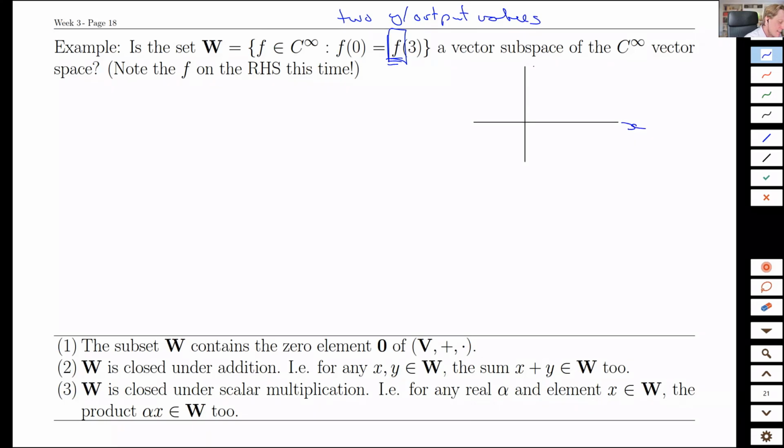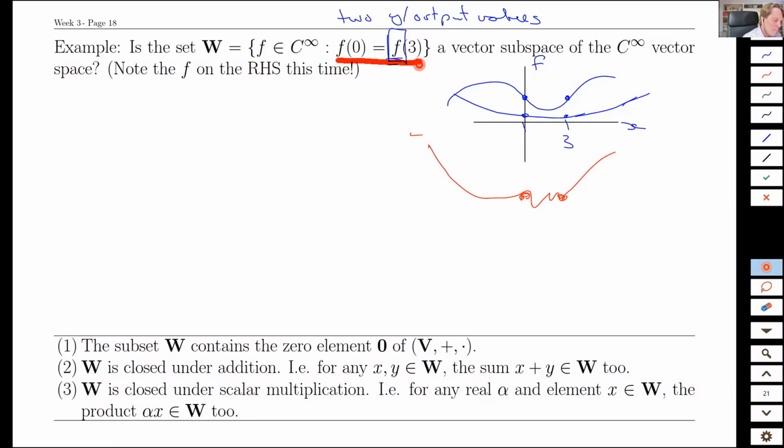This is X and F, and this is any function where it has the same value at X equals 0 and X equals 3. It doesn't have to be the same value every time, as long as it's the same value for a given function. It could be down here somewhere. As long as those two values are the same as each other, then we satisfy this criteria. Grab a function, as long as those two values are equal, then away we go.